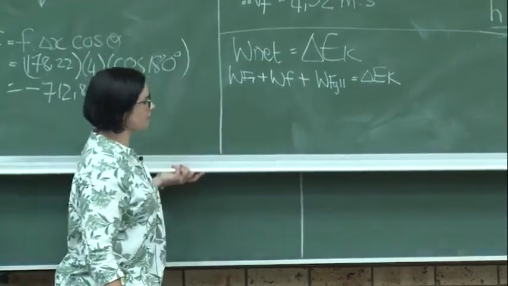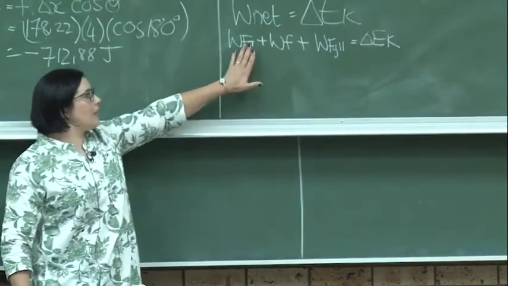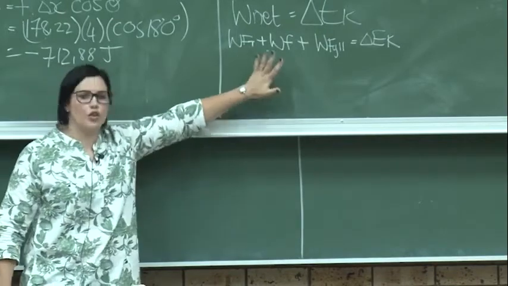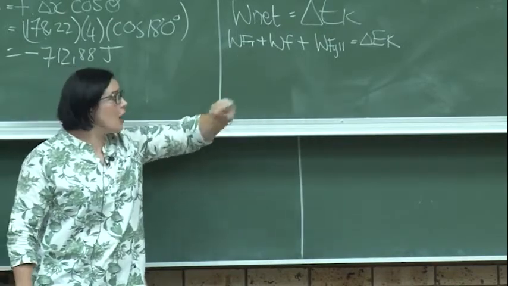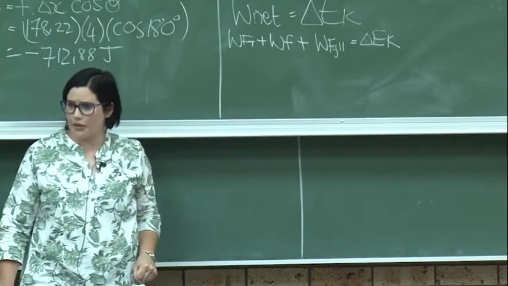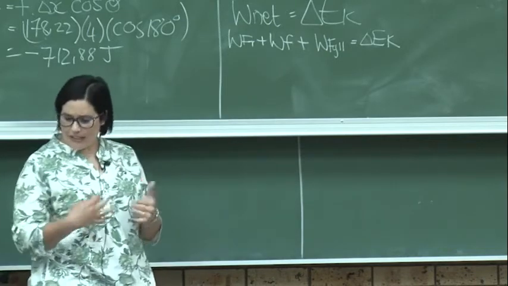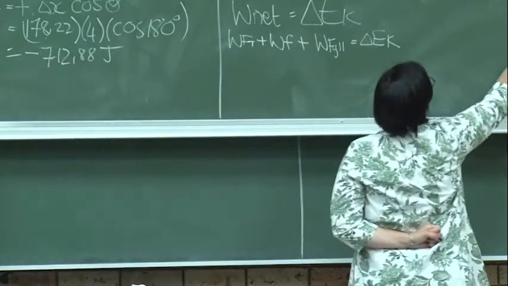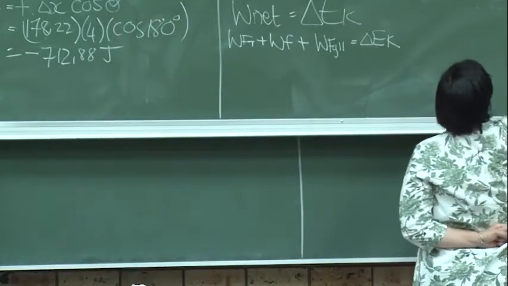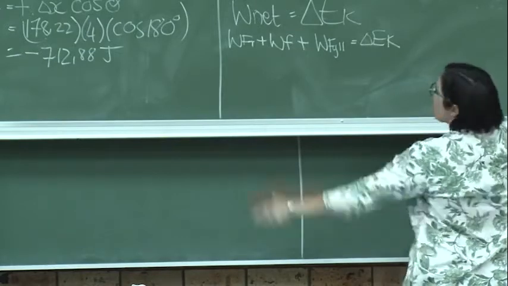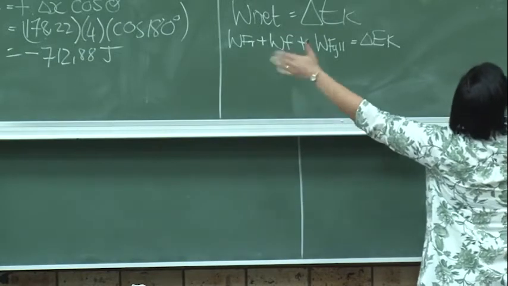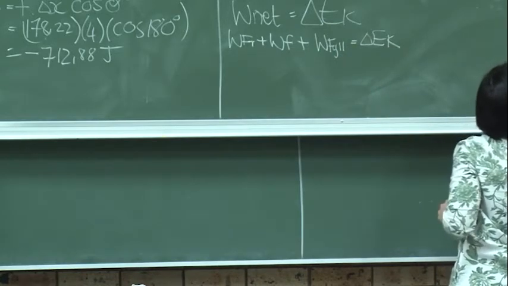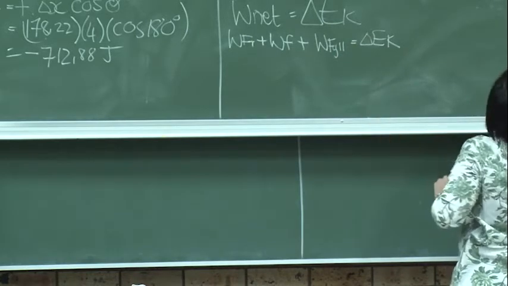Okay, so I am given the tension force, I can just substitute it. I'm given the frictional force, I can just substitute it. Do I have the parallel component? Not yet, but I need to calculate it. And can I calculate it? Yes, I can. So you can decide that you would like to do this calculation separately, and then you're just going to substitute it. So it's going to be mass times gravitational acceleration times sin 30.